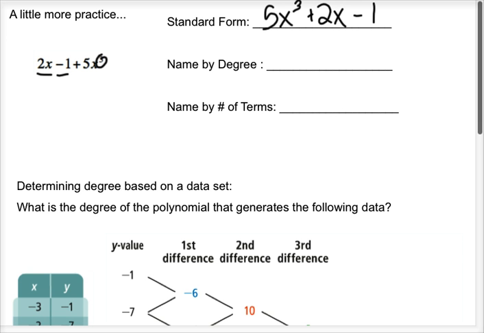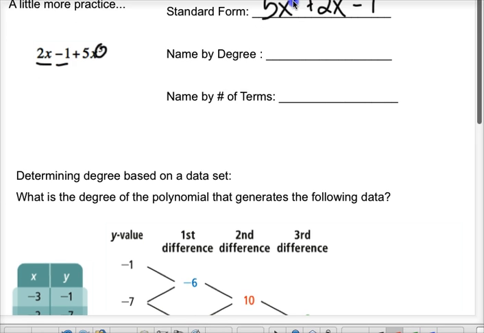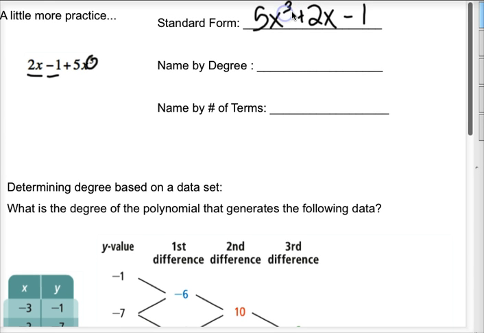Now I'm going to name it based on degree. I see a 3 there. So to me, that is saying that we're looking at something cubic. I see 3 terms. That is going to be a trinomial.